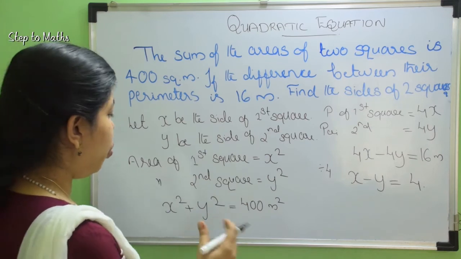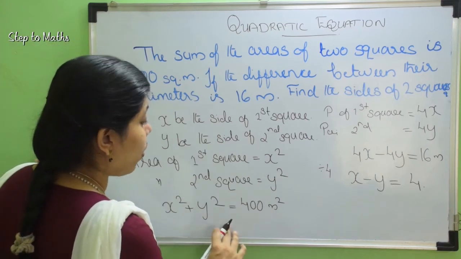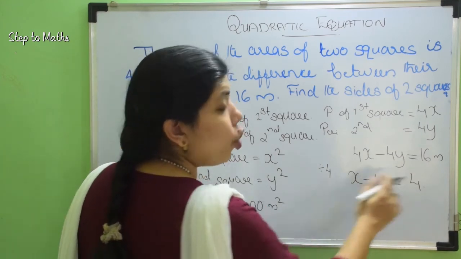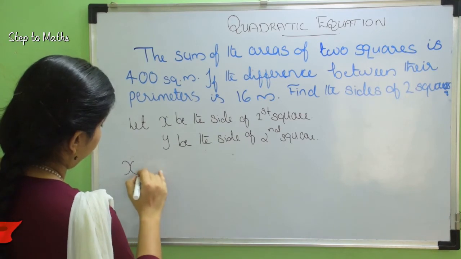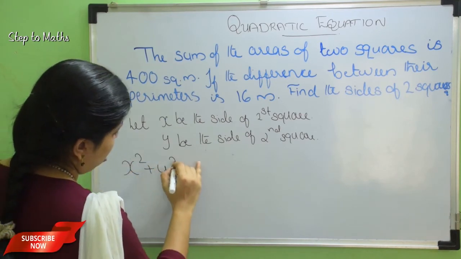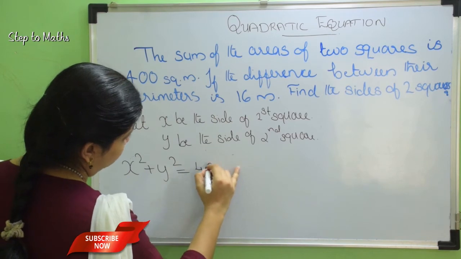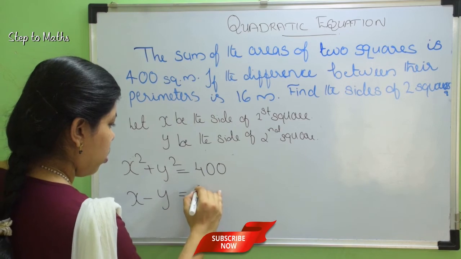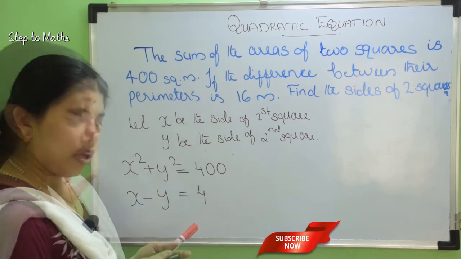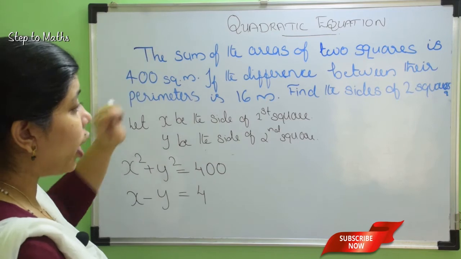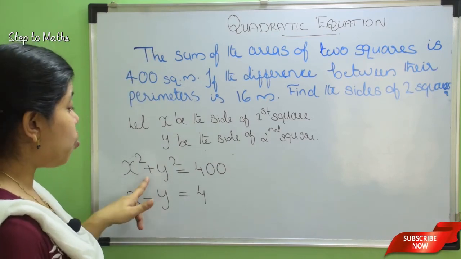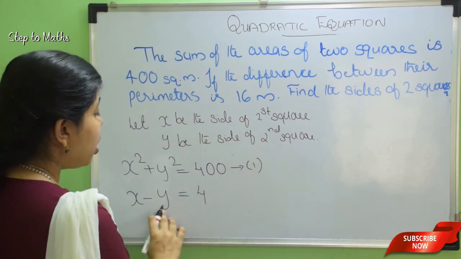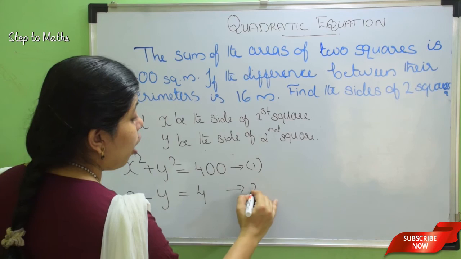Now we get two equations according to the given conditions: x square plus y square is equal to 400, equation number 1, and x minus y is equal to 4, equation number 2.